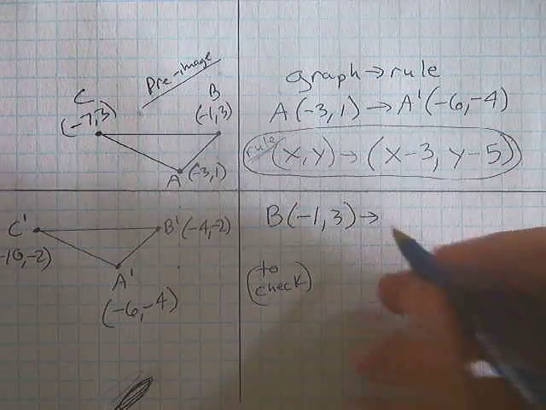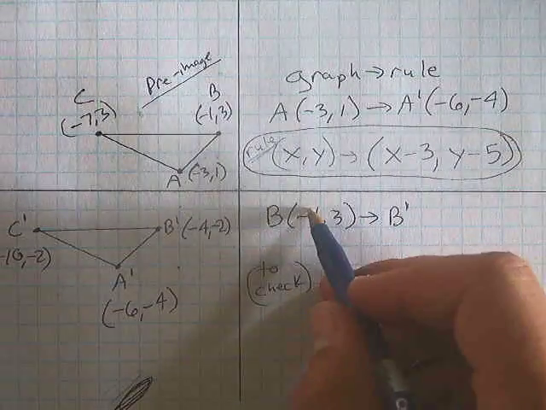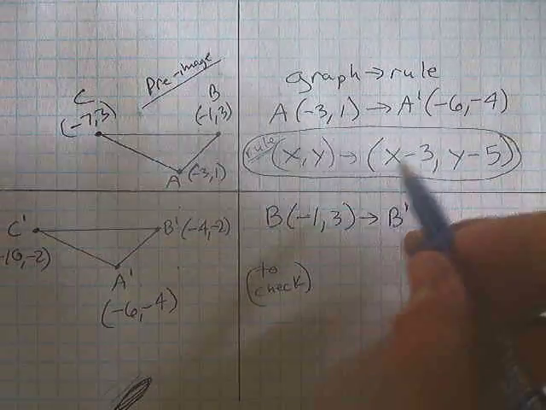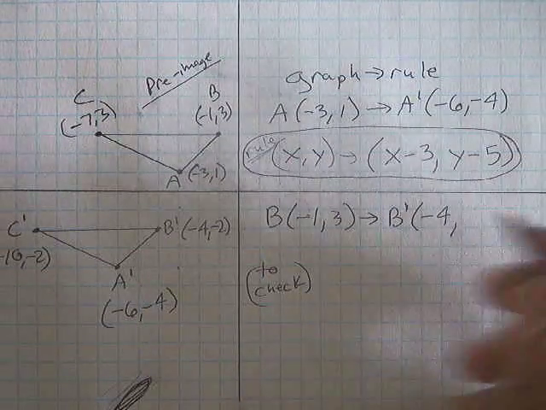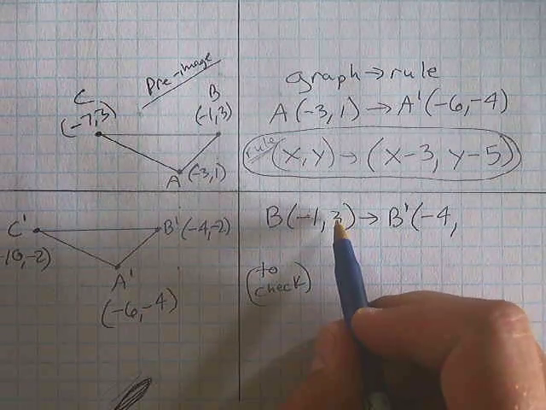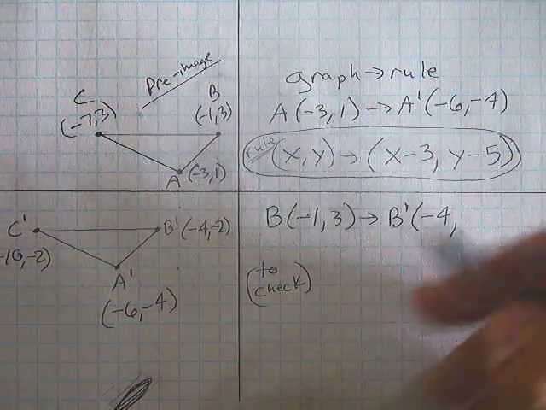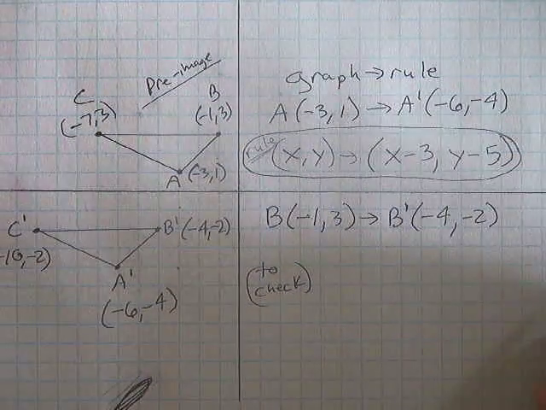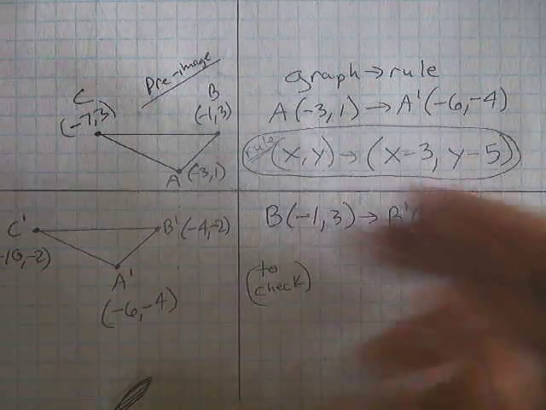Now let's say you're not sure if you did your rule correctly. Let's check another point. So let's look at B. This is to check. Let's look at coordinates of B. B is negative 1, 3, right? Now to get B prime, it tells me I have to subtract 3 from the x.